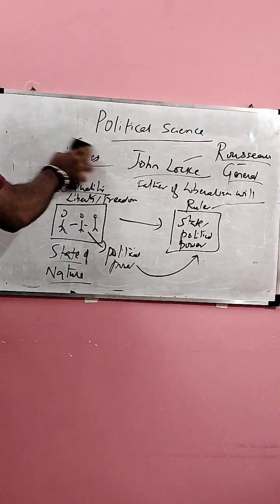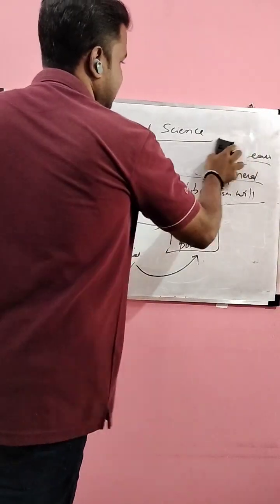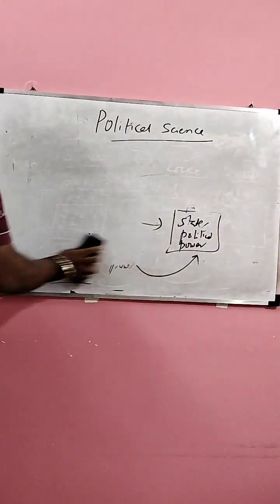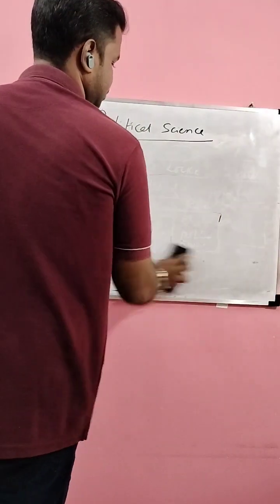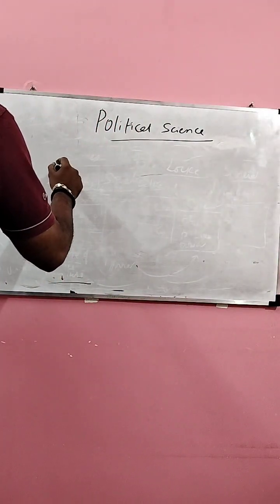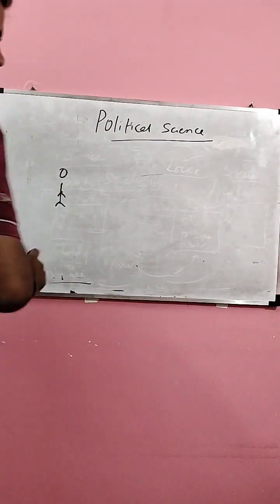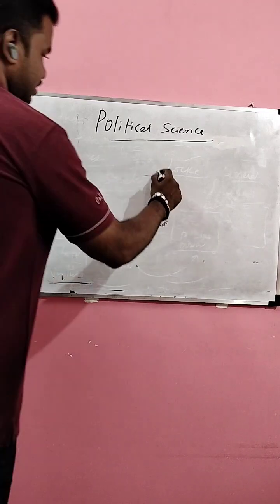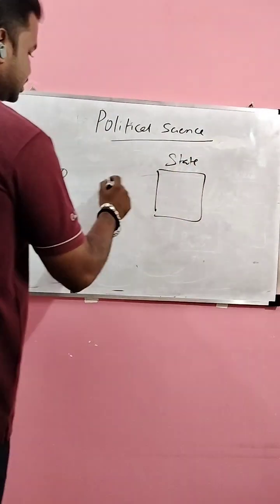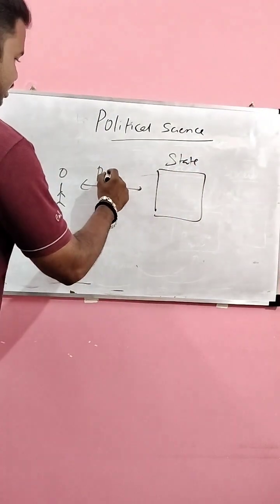When we look into the liberal theory of state, there are certain distinct features. A student of political science should study this. Liberal theory says that the individual should be protected by the state. The major duty of the state is to protect the individual.